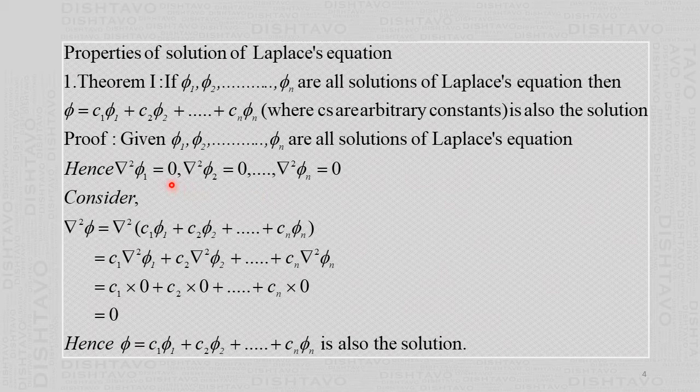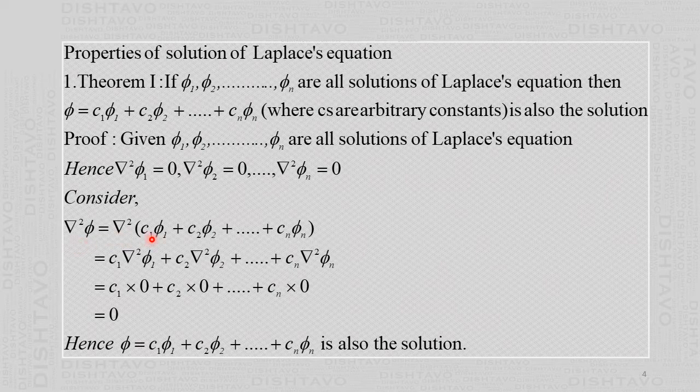So because phi 1 is a solution, del square phi 1 equals 0, phi 2 is a solution, del square phi 2 is 0, and phi n is a solution, del square phi n equals 0. Next we want to show that this phi, which is the linear combination, is a solution. So let us start with the left hand side of the Laplace equation, that is del square phi, and we'll simplify this and prove that it is equal to 0.